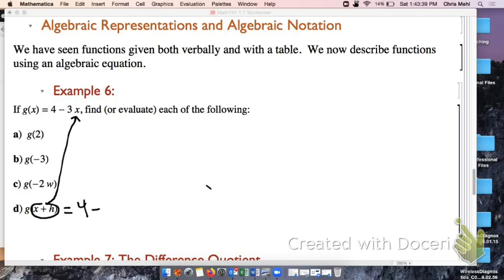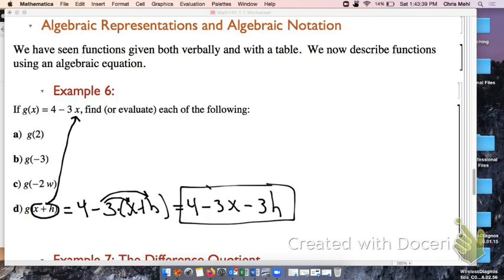So this is going to be 4 minus 3 times x plus h. Now you're going to have to multiply first, which comes down to distributing the negative 3. This would be 4 minus 3x minus 3h. And again, that's as simple as you can write it because there are no like terms to combine. Okay.